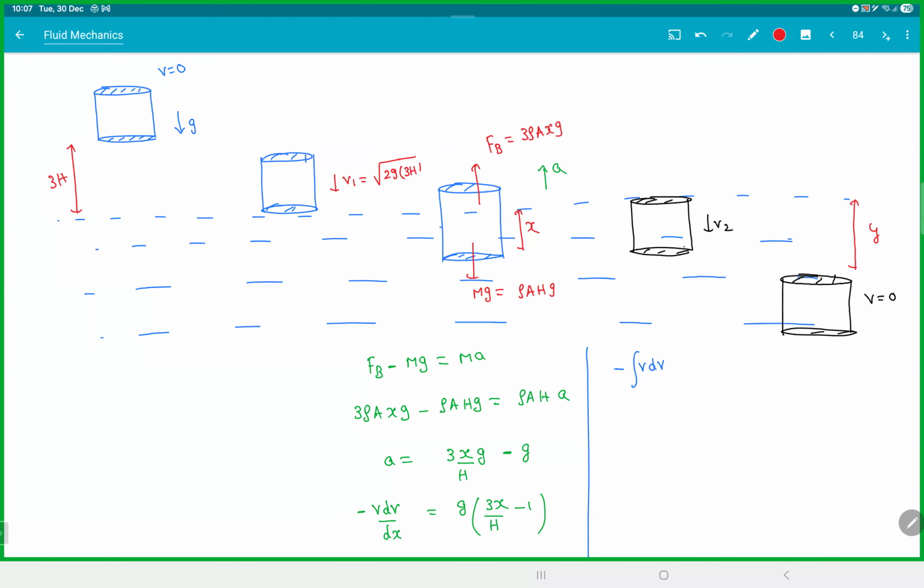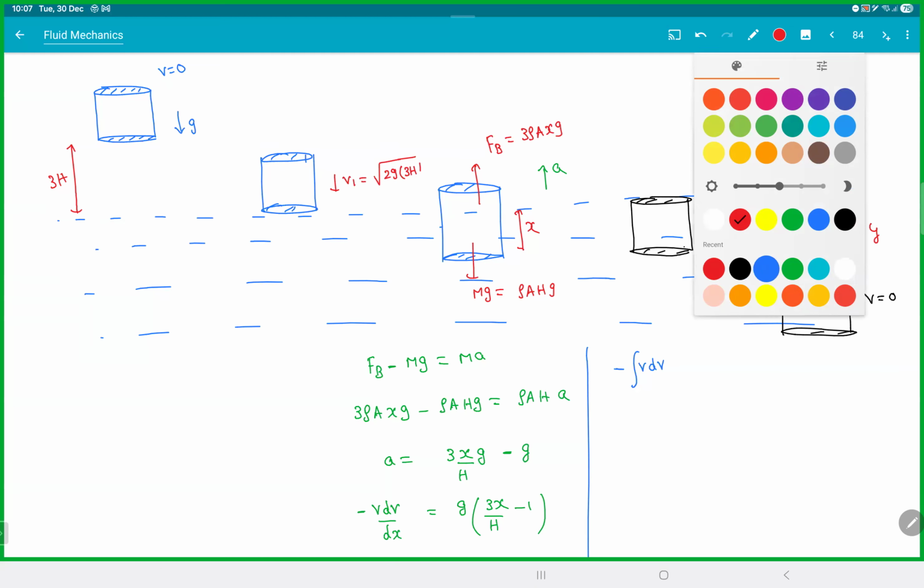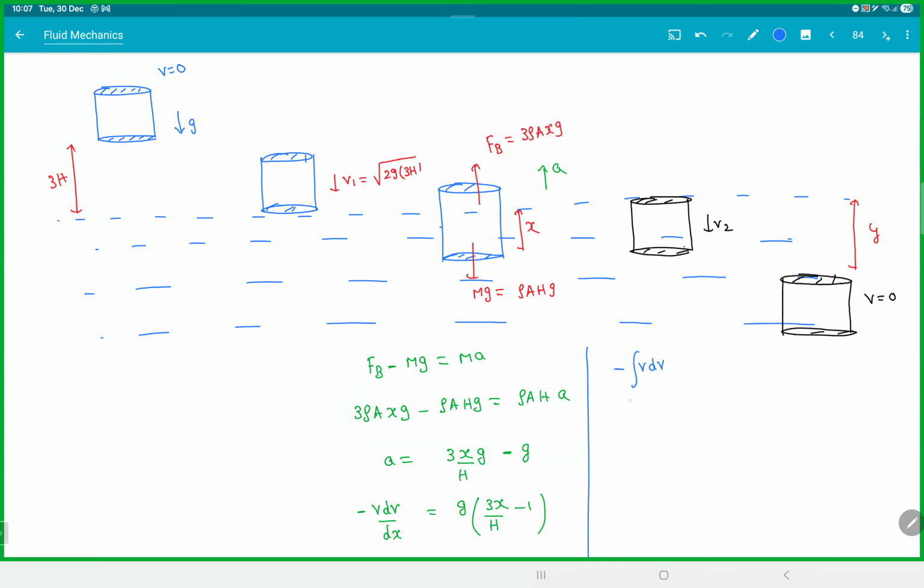Are you getting the picture, everyone? So when you integrate this minus v dv, the limits will go from v1 to v2. This is the acceleration only while you're entering. Once you completely enter, you can't use this acceleration anymore. This is the acceleration while entering the liquid.